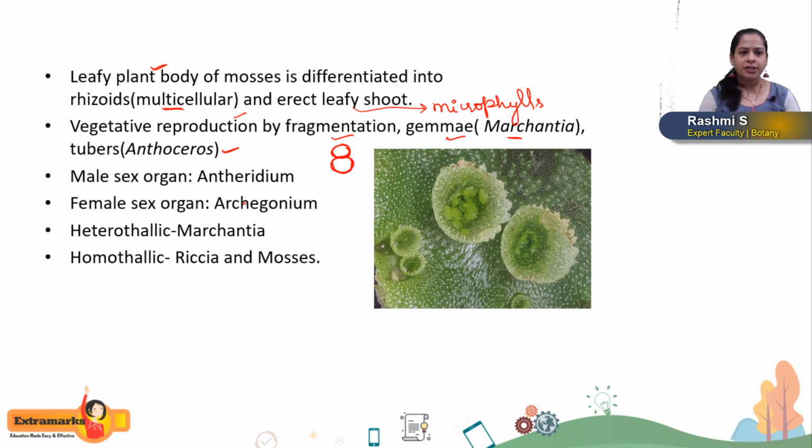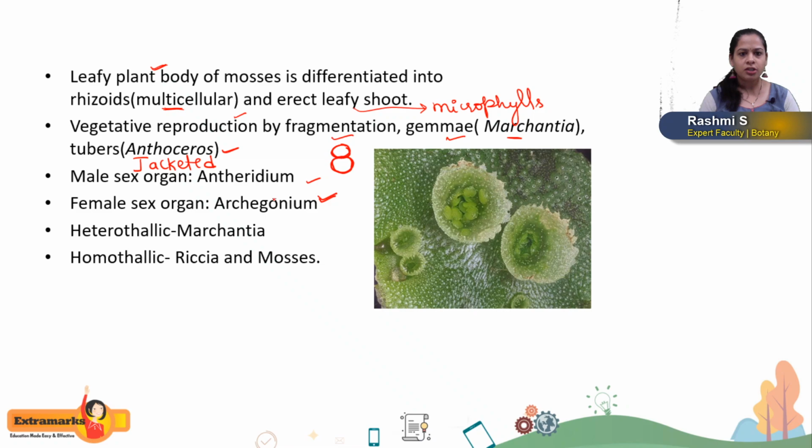Then sexual reproduction involves the formation of gametes, and the gametes are formed in specialized sex organs which are called antheridium and archegonium. And in case of bryophytes, the sex organs are jacketed. You can see the covering on the cells which produce the gametes. They have jacketed sex organs.